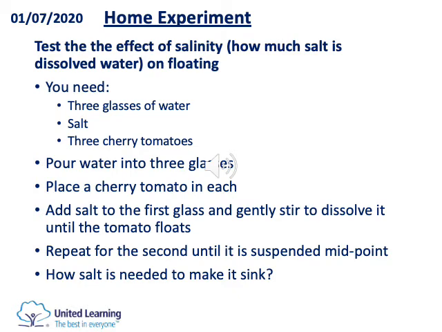Repeat for the second glass, but only until the tomato is suspended midpoint, and don't add any salt in the third glass. Once you've done that, you need to make a note of how much salt you added in the first glass, second glass, and obviously in the third glass you added 0 salt.